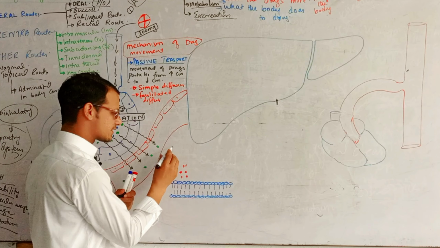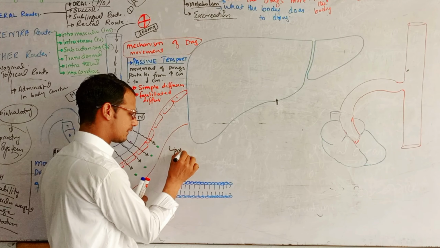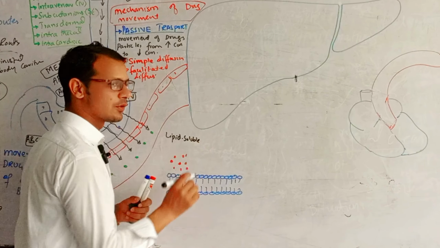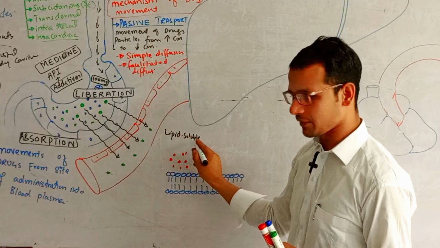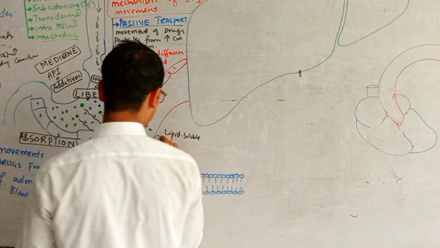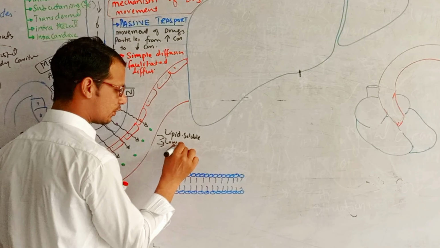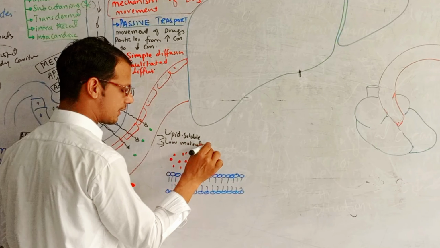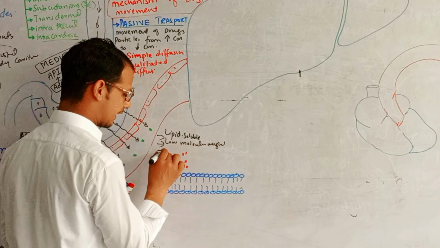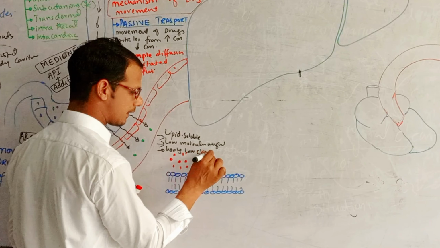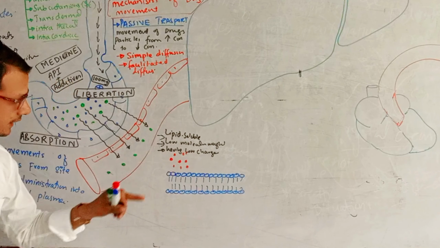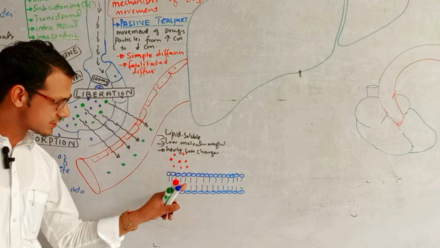One is that this drug is lipid soluble. Which drug will follow this passive diffusion? The drug which is lipid soluble, has low molecular weight, and has low charge or is uncharged, right? These drugs will follow simple diffusion.